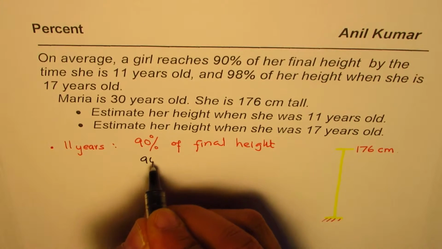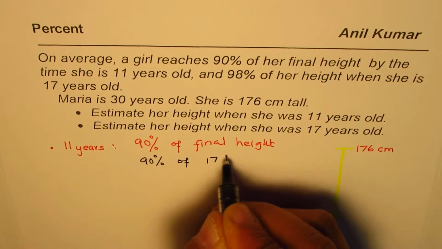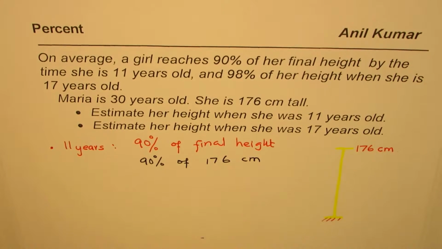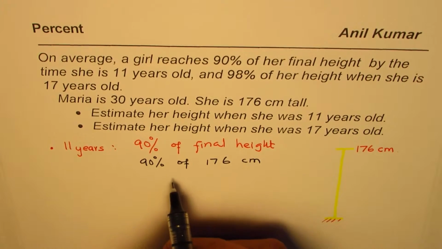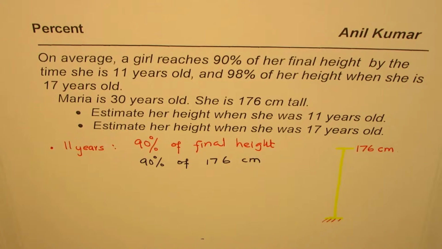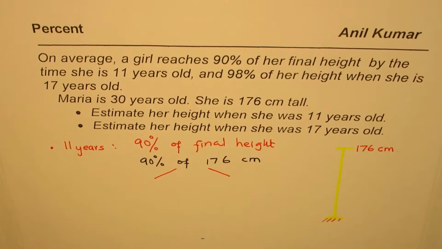That means 90% of 176 centimeters. Is it okay? 90% could be written in decimals or in fractions, right? So we'll do both ways. One, we could do it in decimals, or we could do it in fractions, correct?